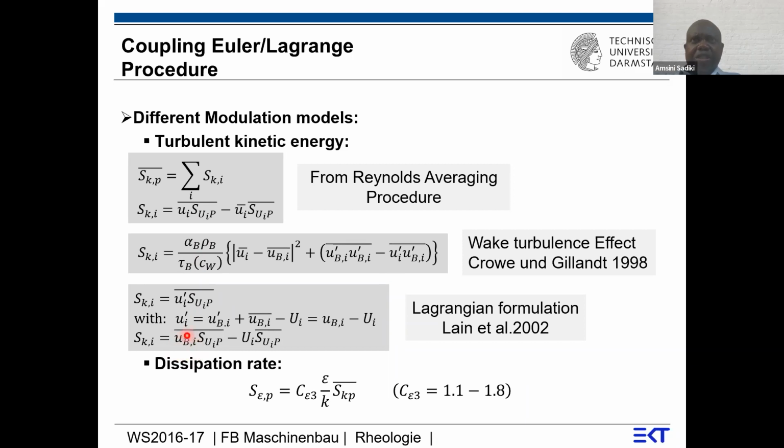This velocity here, the flow field, is replaced by the particle phase. And here, this is the mean velocity. It is okay, but here we replace it by the particle phase, the particle velocity only. And this is the part which accounts for the wake turbulence effect.